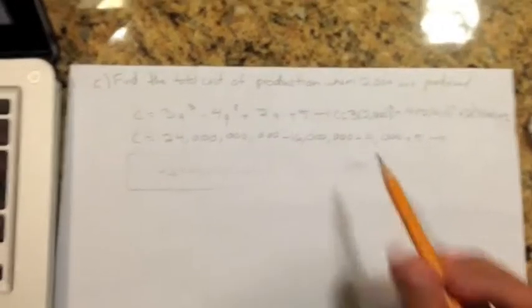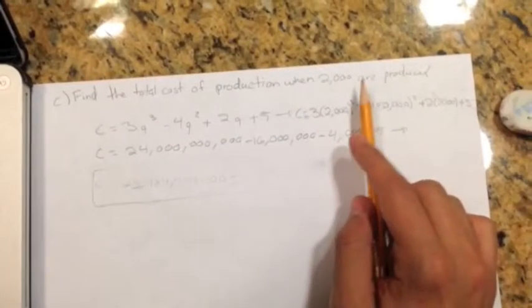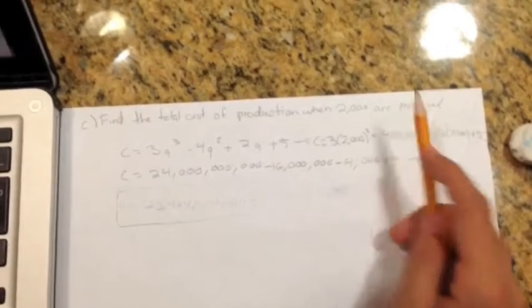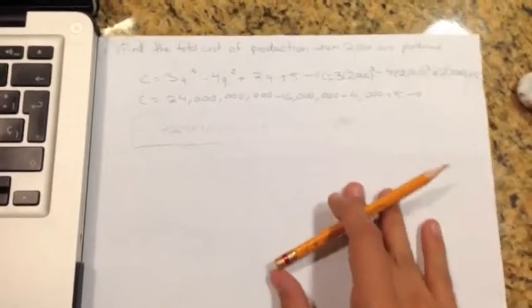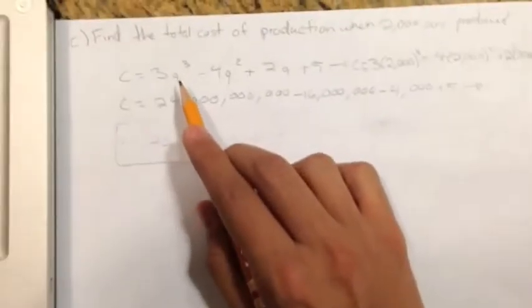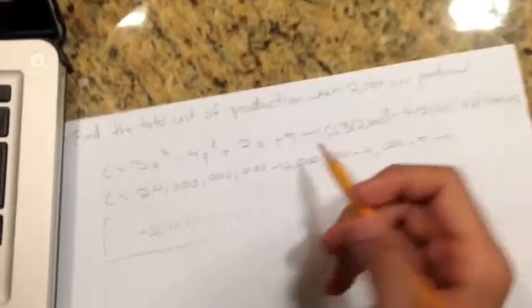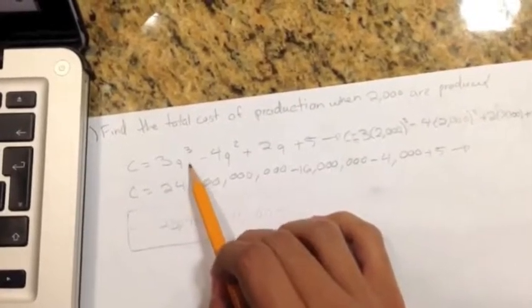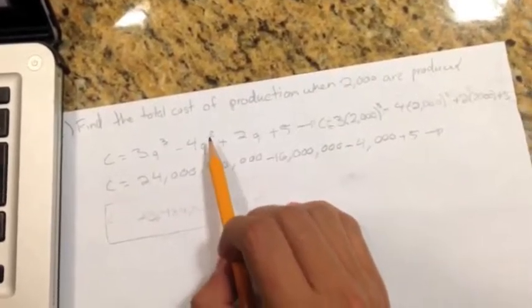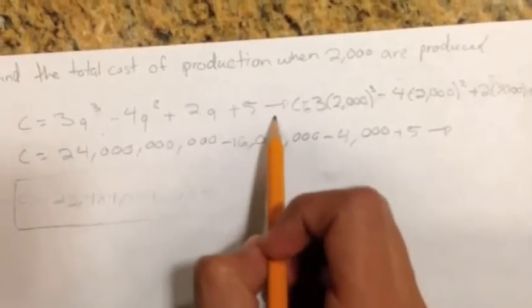Now in letter C, they ask us to find the total cost of production when 2,000 units are produced. And now we're going to do it like the previous one. So we're going to use the total cost formula, which is 3q to the third power minus 4q to the second power plus 2q plus 5.